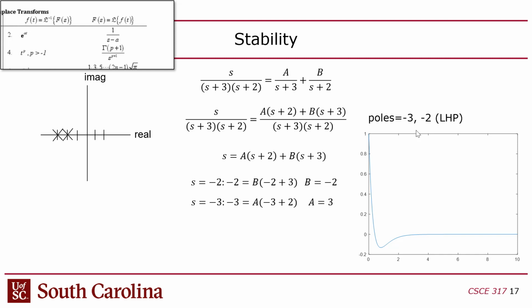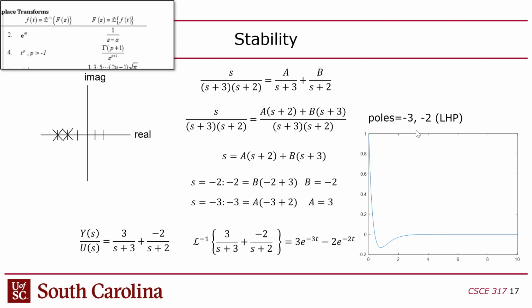And then the inverse Laplace transform is: the 2 and 3 just become coefficients to the exponentials, and the exponents are -3 times t and -2 times t. So your poles are essentially just the coefficient that's multiplied by t in the exponents.